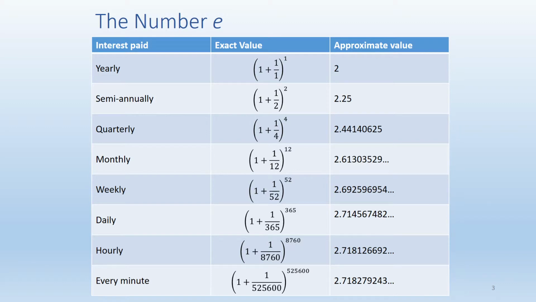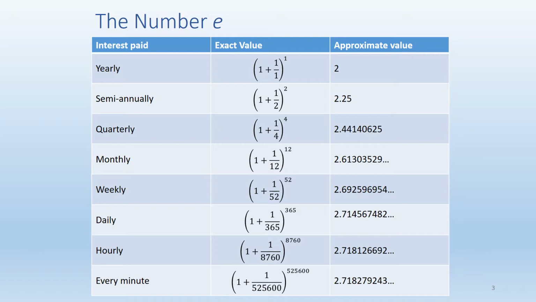So let's see if we can work it out for a few more values. So far we've worked it out for annually, semi-annually, and quarterly. If we go to monthly, that means we have 12 installments. Our number has increased again. If we pay it weekly, we've got 52 installments. Our amount has increased again.